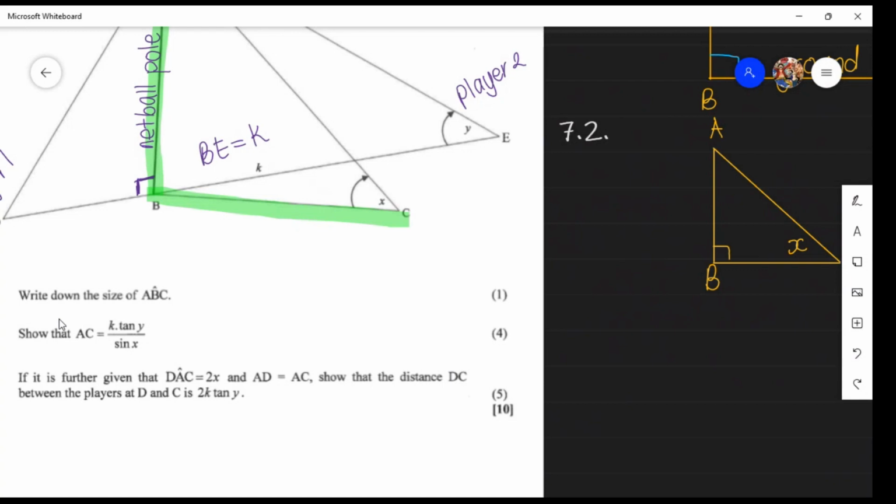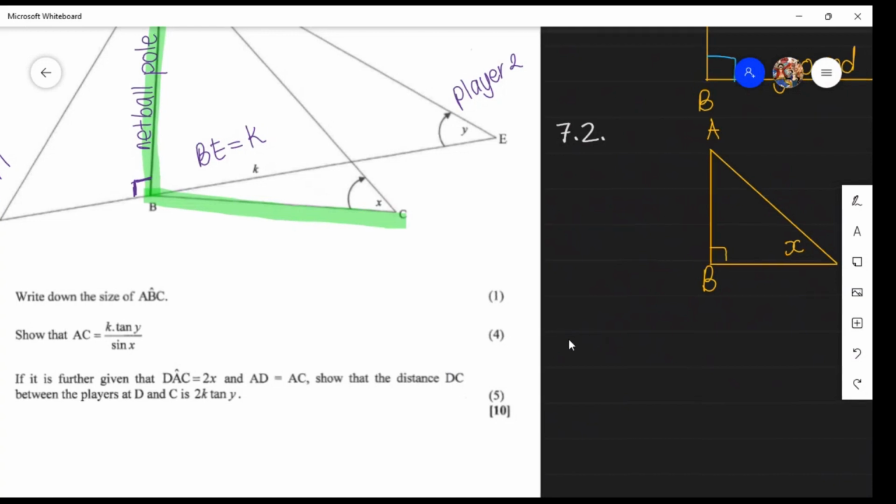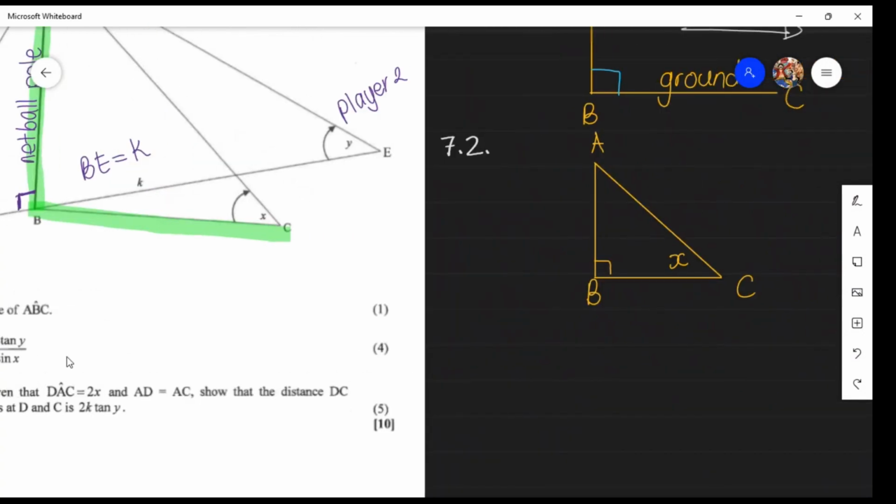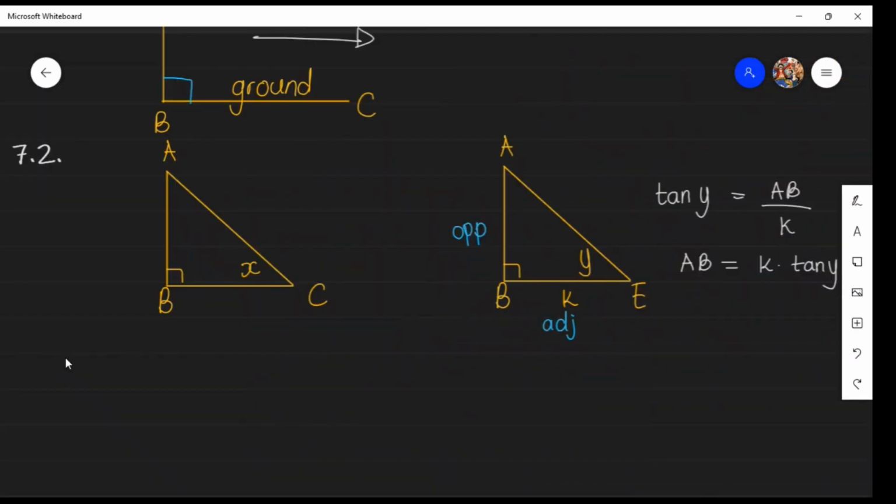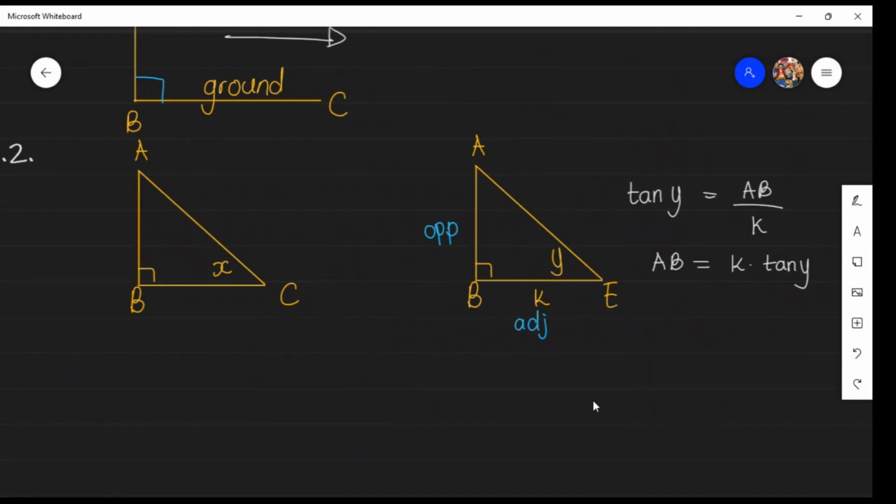Let us now try and find the denominator and see how we can incorporate AC into this. If you look at your denominator, it is sine of X. So let us now find sine X. If you notice, we're not really doing that much work. All we are doing is looking at the solution in the question and trying to match it up. We are using the question as a guide. So if we want to find sine of X, we are going to use the opposite, which is AB, and the hypotenuse, which is AC.